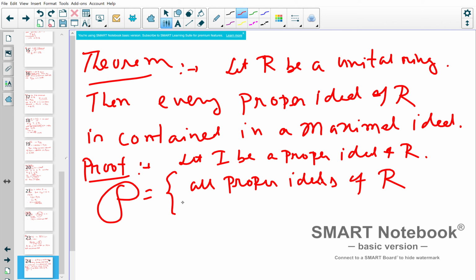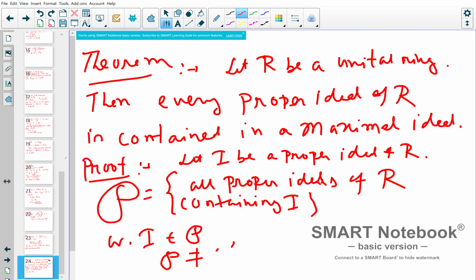So let me write down the collection of all proper ideals of R containing I. This is my set. This is non-empty, right? As I belongs to this, this collection is non-empty.